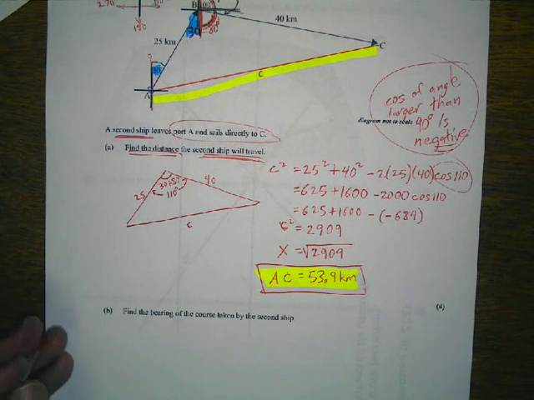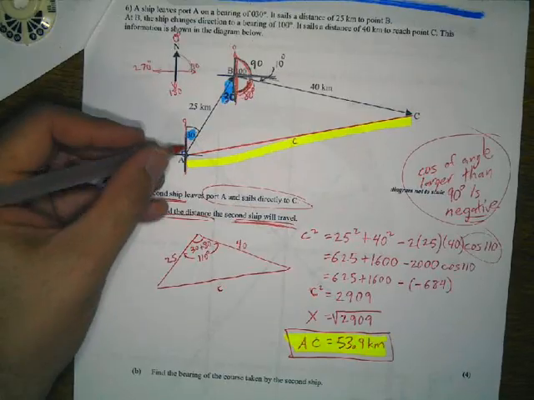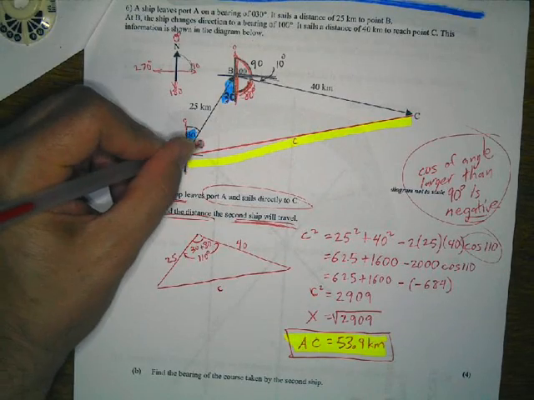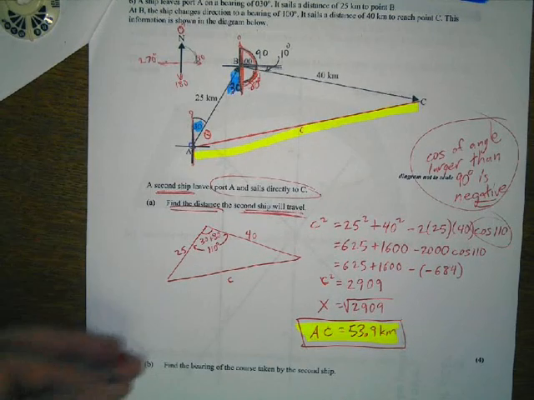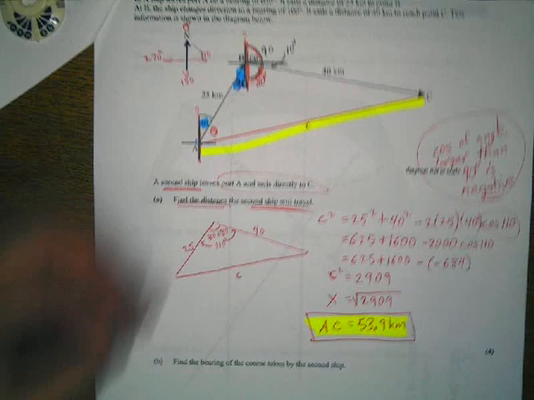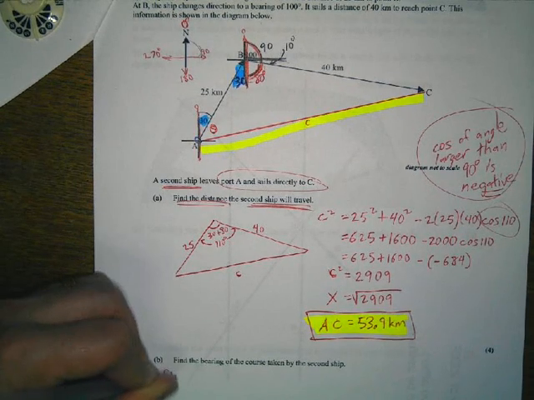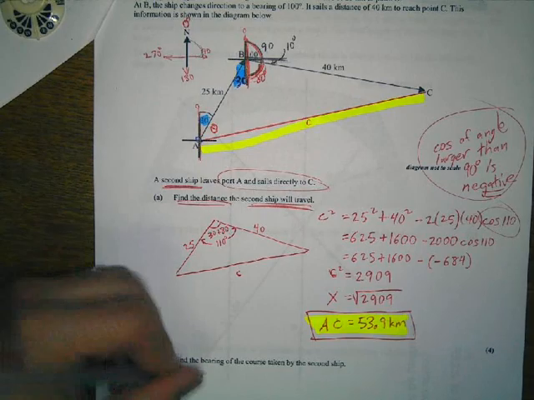Okay, so in order to do that, we need to figure out this angle here. So this is angle BAC. So the first thing we're going to do is find angle BAC.